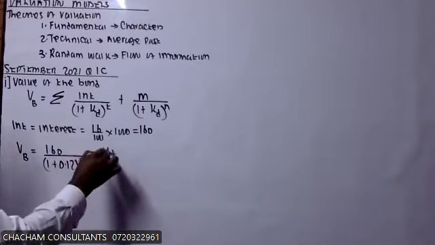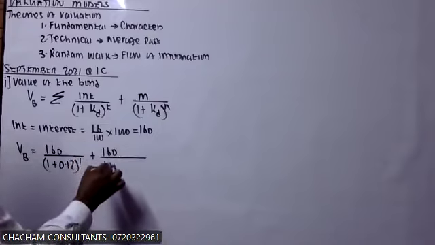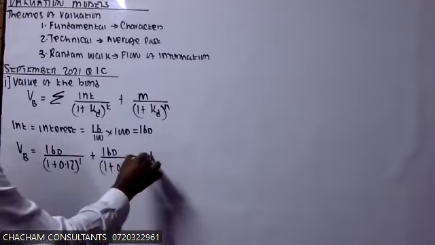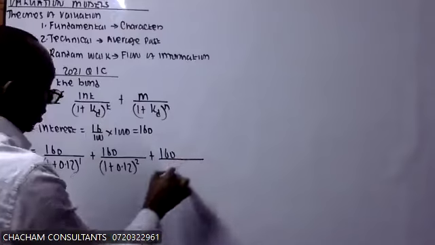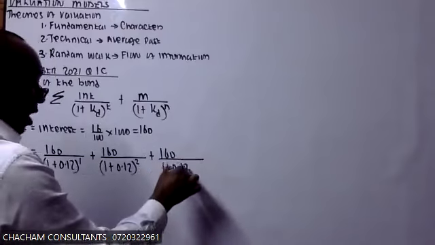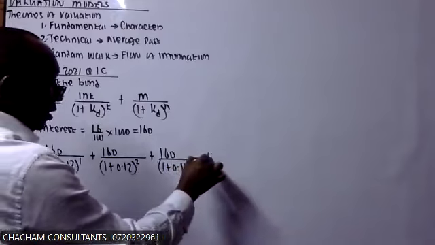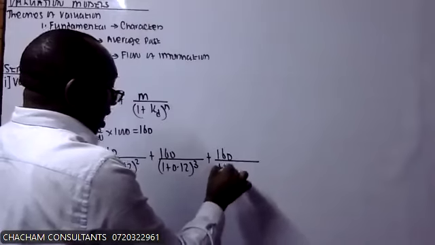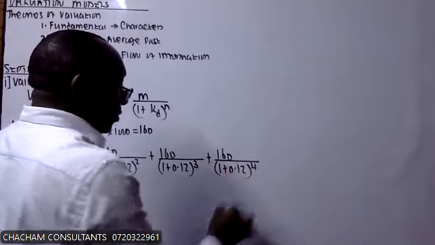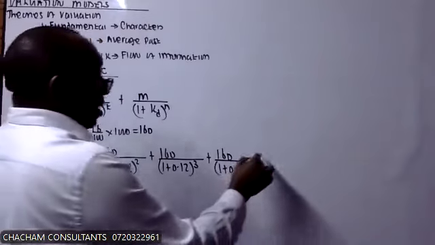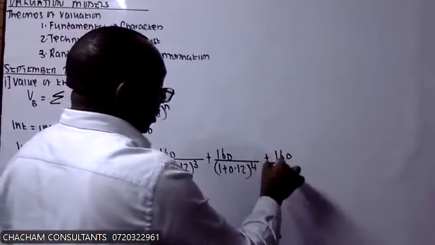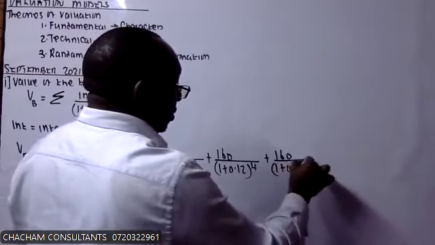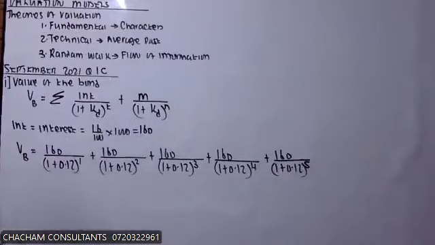Then 160 over 1 plus 0.12 squared, plus 160 over 1 plus 0.12 cubed, the third year. Then 160 over 1 plus 0.12 to the fourth, the fourth year. We are getting the present values. Plus 160 over 1 plus 0.12 to the fifth, that is the fifth year. So those are the interests. They're easy.